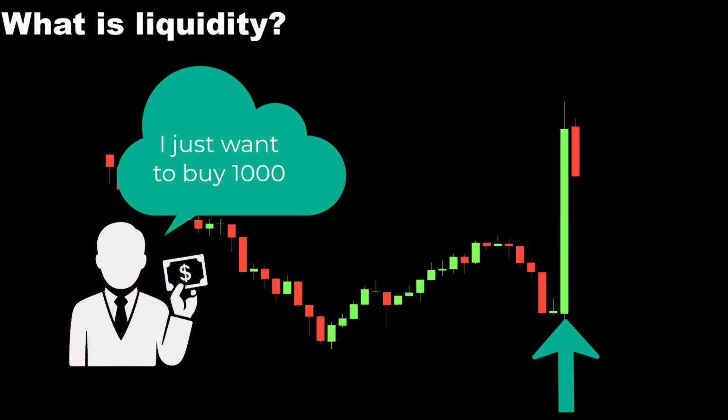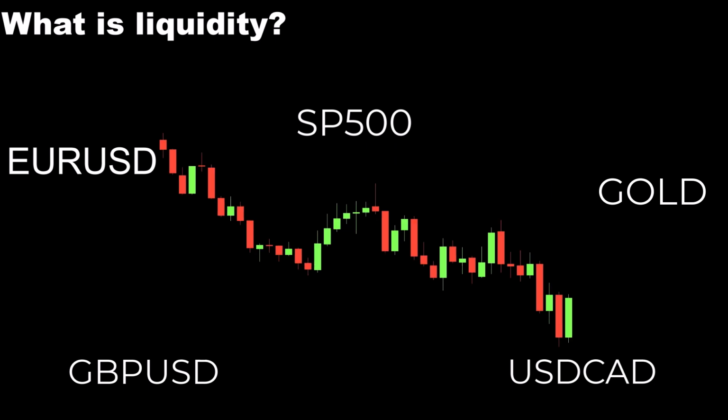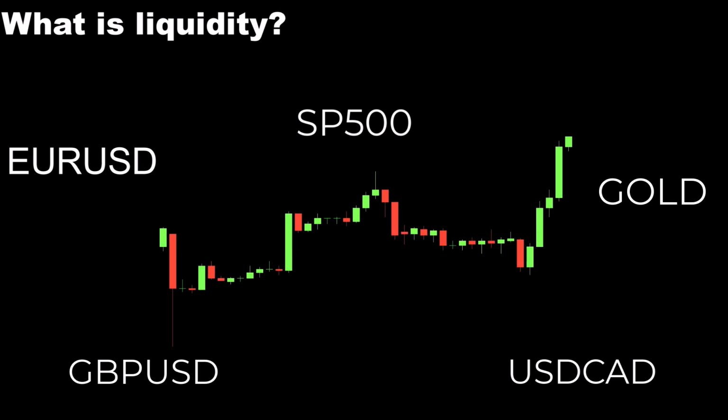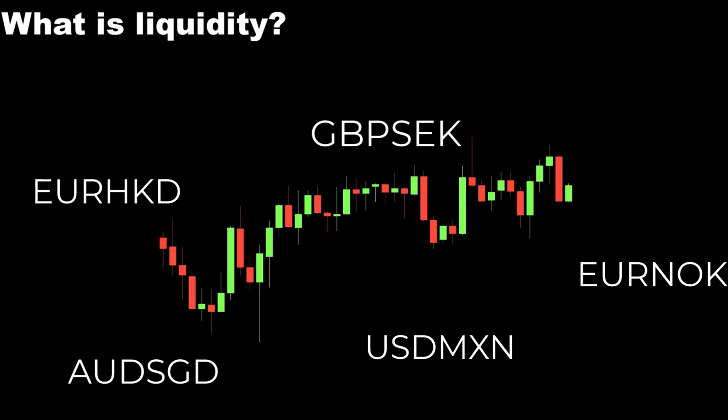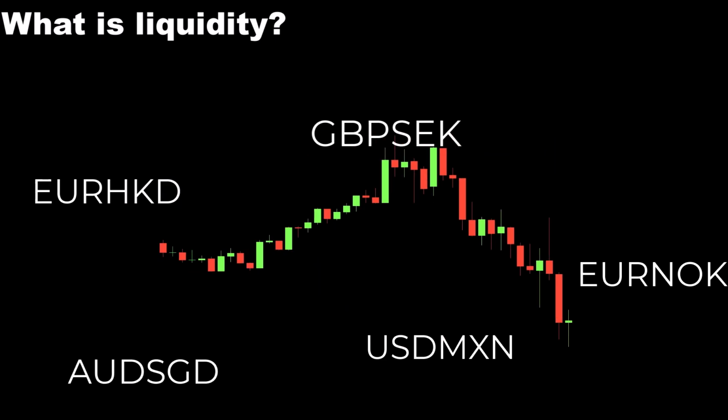You can think of liquidity as the blood flow of the market. Without it, price can't move freely. That's why major instruments like Forex pairs or the S&P 500 are considered highly liquid, while exotic pairs or small cap stocks are less liquid.